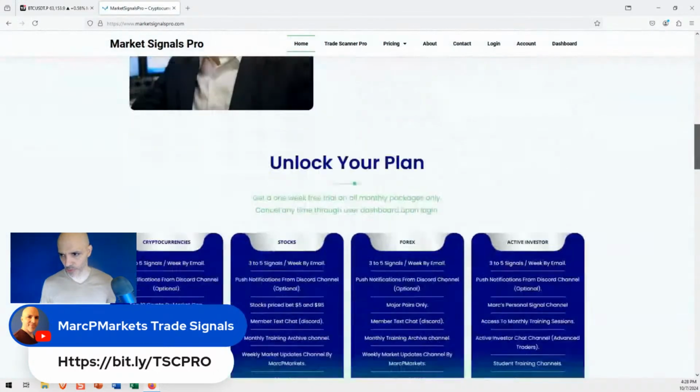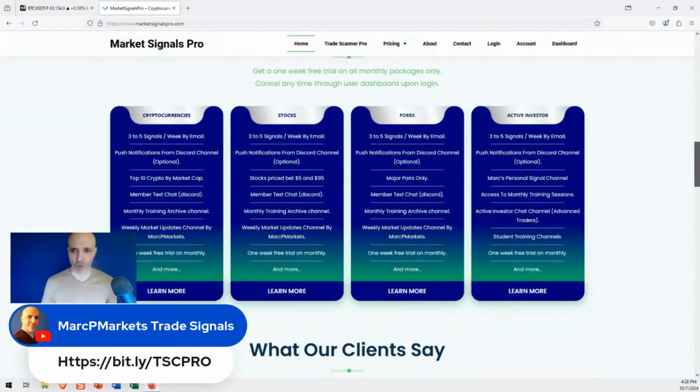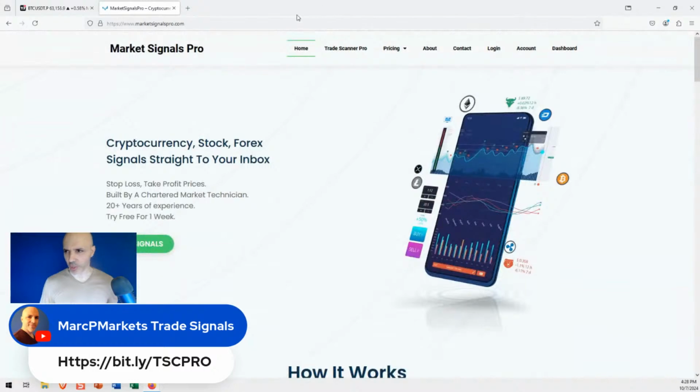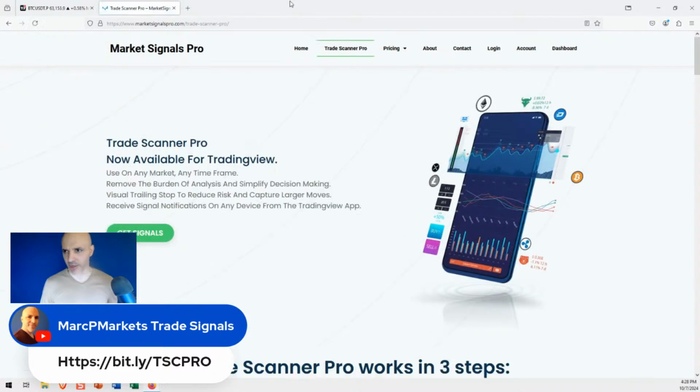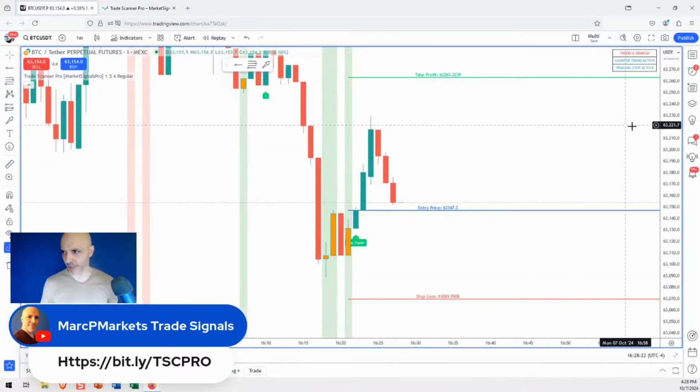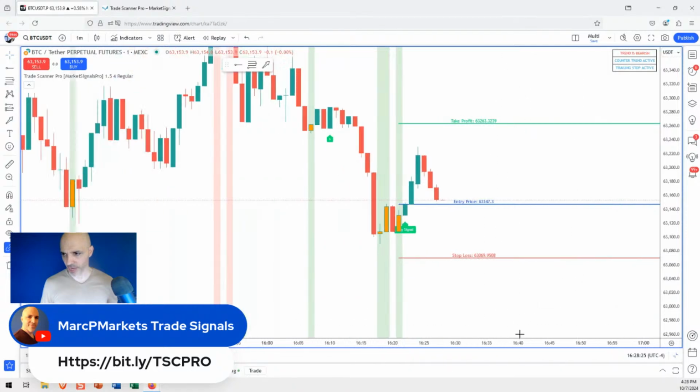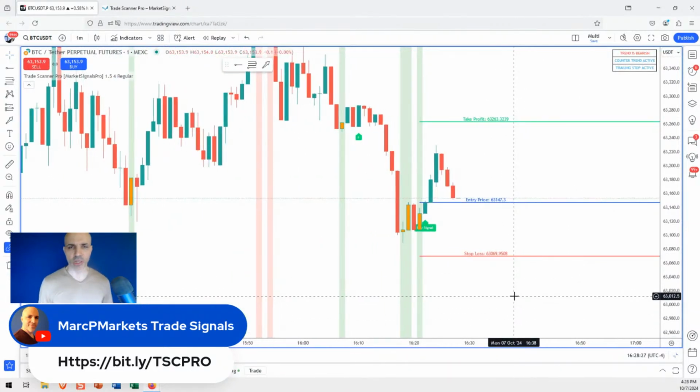Right, which pretty much looks the same, but these packages right here, because you can go by asset class. This is the Trade Scanner bot, and then you can just click on one and order a bot if you want. But again, the Trade Scanner Pro is more for hands-on people that are interested in managing the trades themselves. Day traders, swing traders, people that are more hands-on.